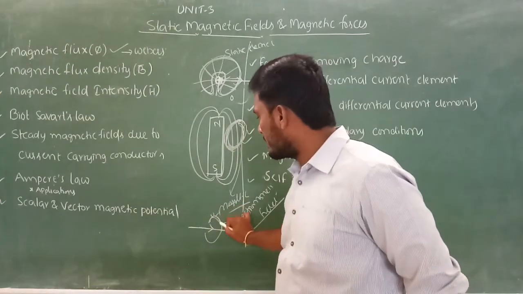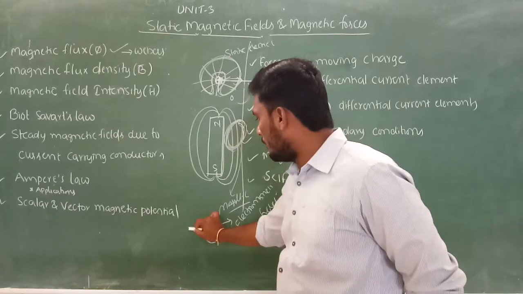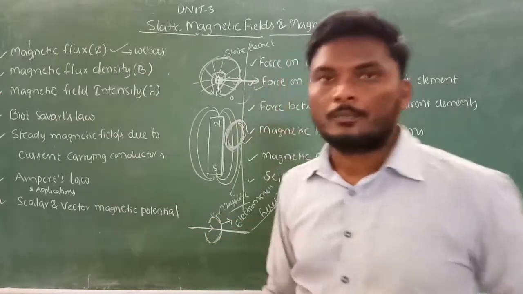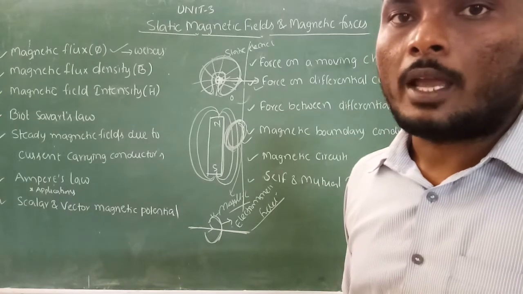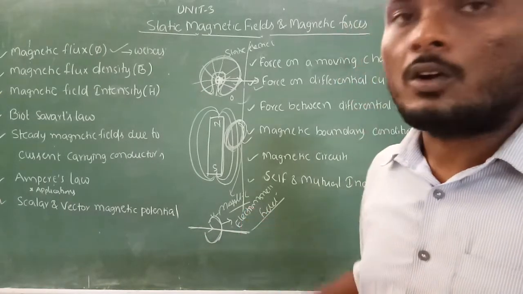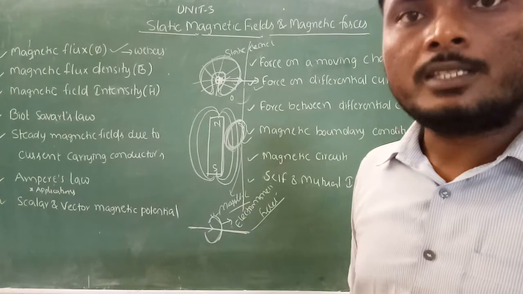Now see, whenever this current is not varying with respect to time, such current is called a static current or DC current.